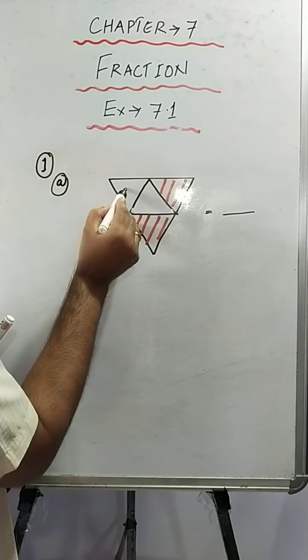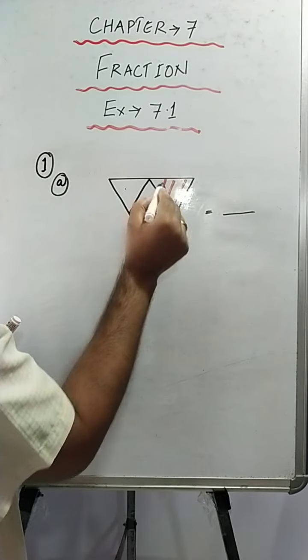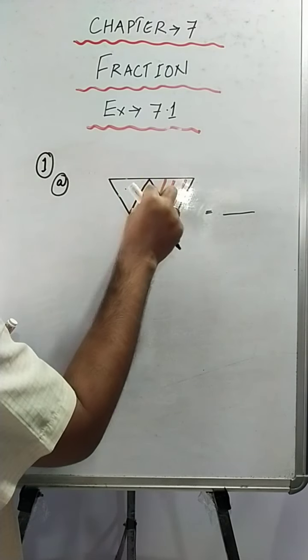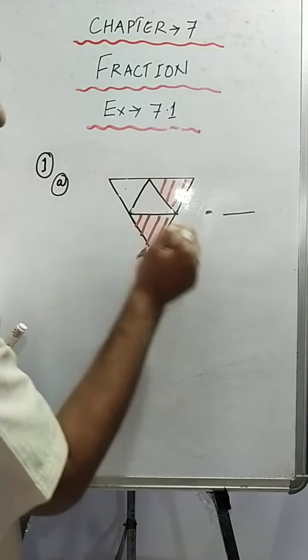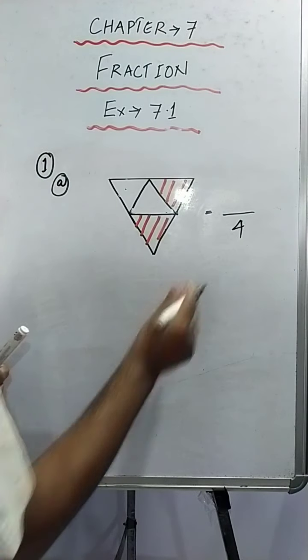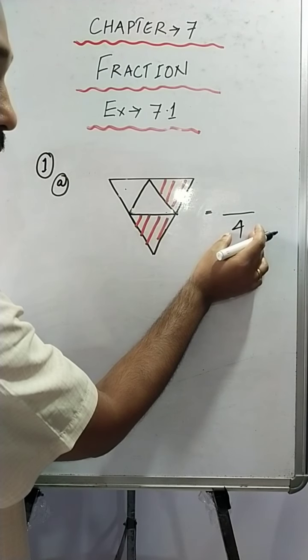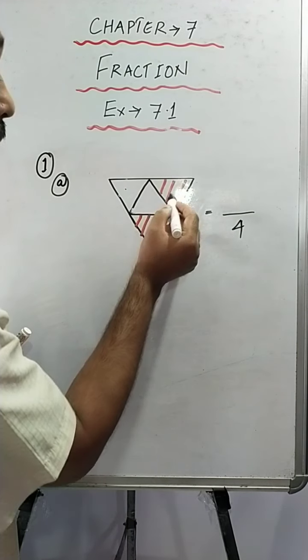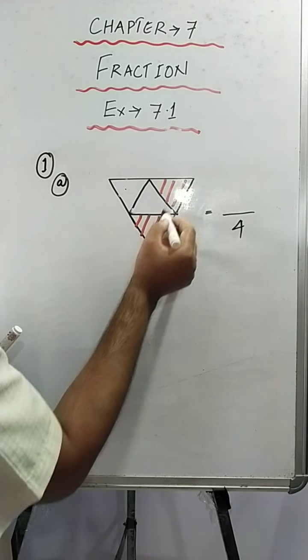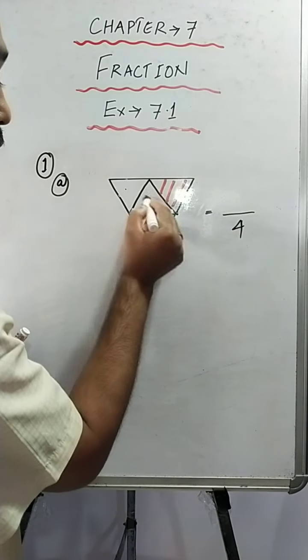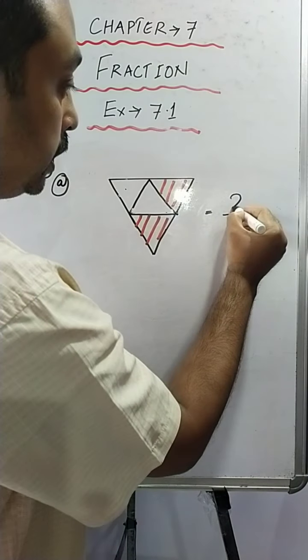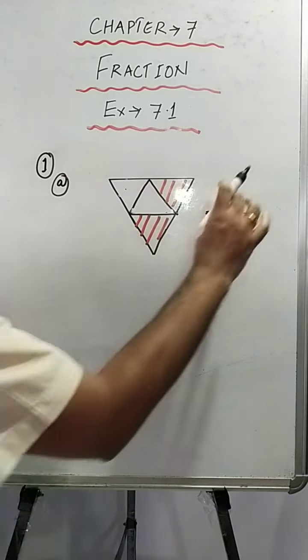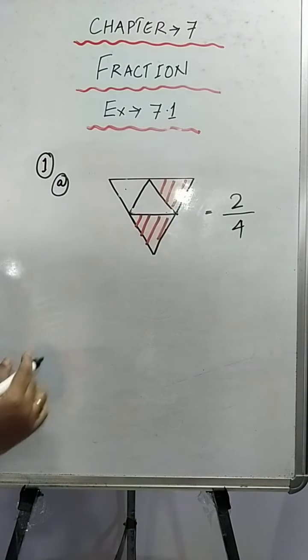This is 1, 2, 3 and 4. So in 4 equal parts this figure has been divided, and we will write this total division as the denominator. Now how many parts have been shaded? 2. So out of 4 parts, only 2 parts are shaded. So this is the fractional form of this figure.